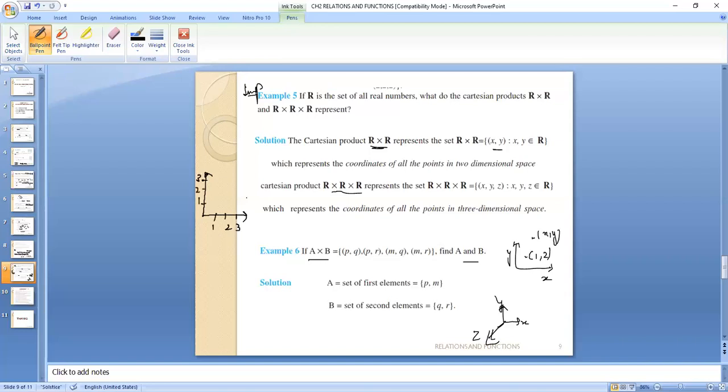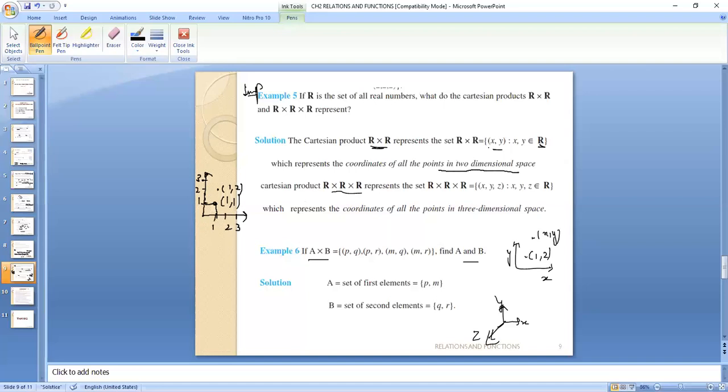In two-dimensional space also, we write ordered pairs: this is (1, 1), this is (1, 2). And in between, we can take any value, 1.2, 1.3, 1.4, 1.5. All these coordinate points are written as ordered pairs. So if we are writing all the ordered pairs (x, y) such that x, y belong to the reals, what does it represent? It represents the coordinates of all the points in two-dimensional space.